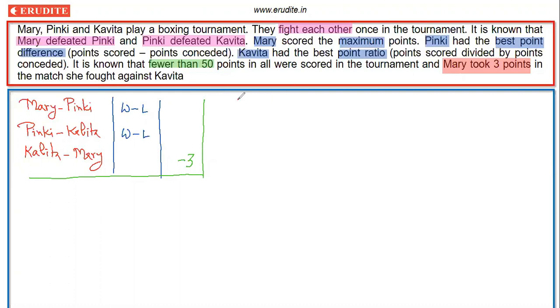The first information: Kavita has the best point ratio.